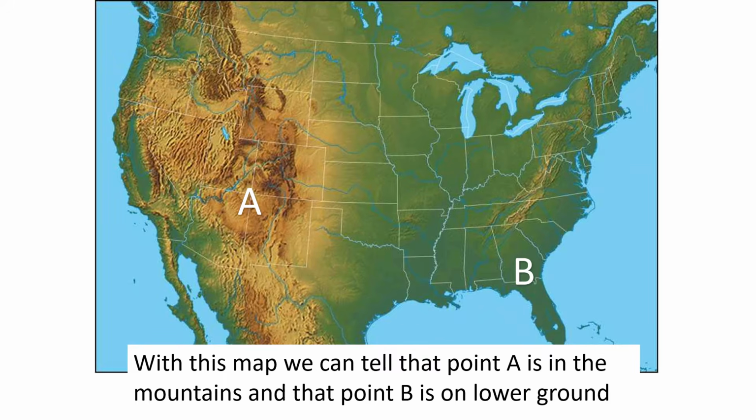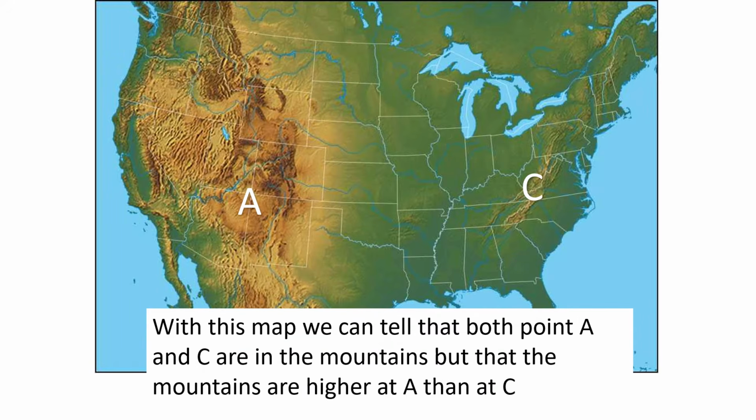You can tell what the land physically looks like if you were standing at that location. Now here we can tell that A and C are both kind of in the mountains, but we can also tell that the mountains at A are much higher mountains than you have at C.